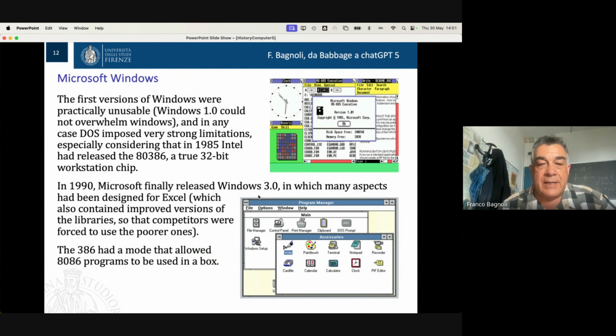Windows was running on DOS, so it had the same limitations of DOS, and essentially it could run DOS in a window. And so the first version of Windows was essentially not usable.